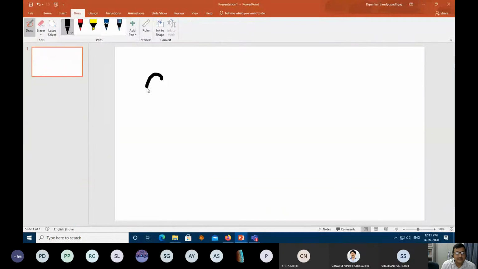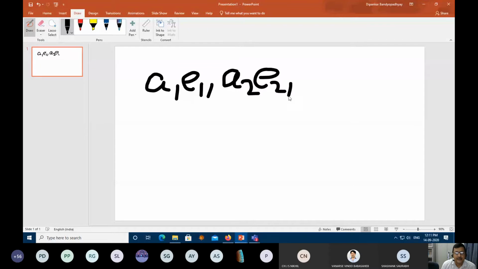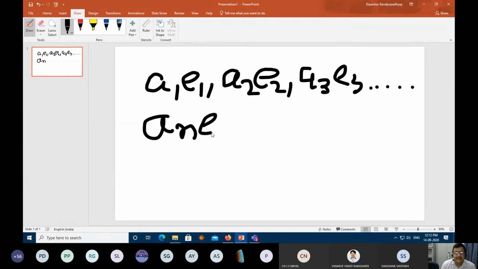Suppose you start with what? Say suppose you write that A1 E1, comma, A2 E2, comma, A3 E3, and then you keep writing dot dot dot until AN EN.